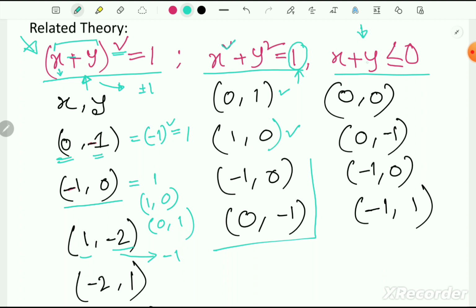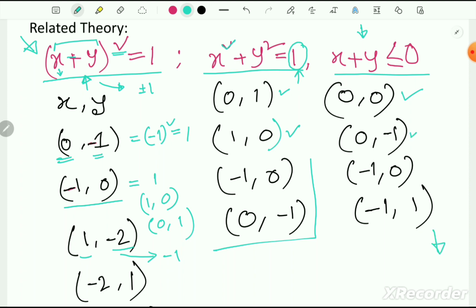In this case, x plus y is less than or equal to 0. So remember, the summation of x plus y can be 0 or can be negative. It can be 0 when both are 0, right? And it can be negative, it doesn't matter how far it goes. So this has an unlimited number of points.